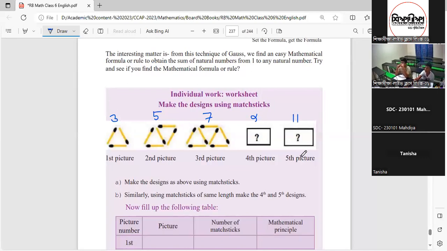And if you make the designs using matchsticks of the same length, make the fourth and fifth designs. We can do that actually. You can put sticks over here and there. But I want to discuss something else.